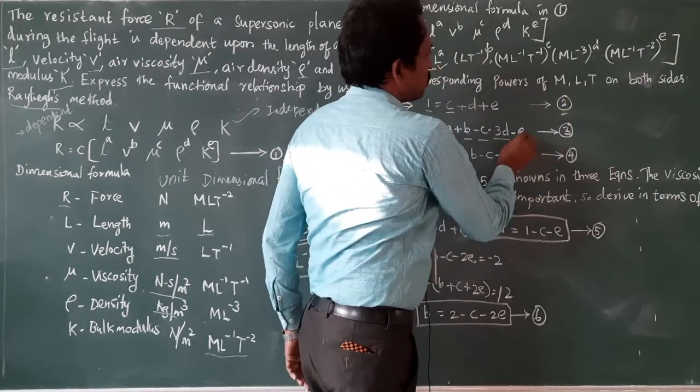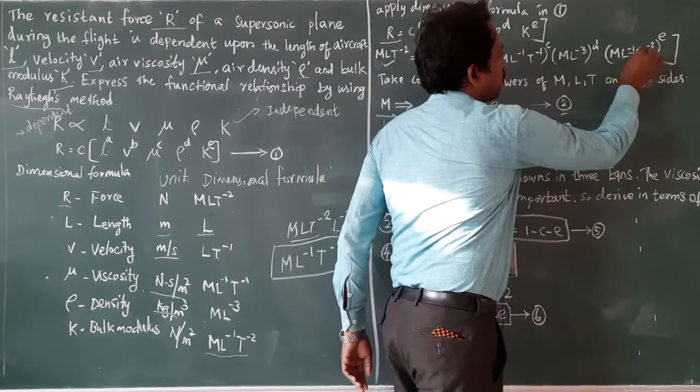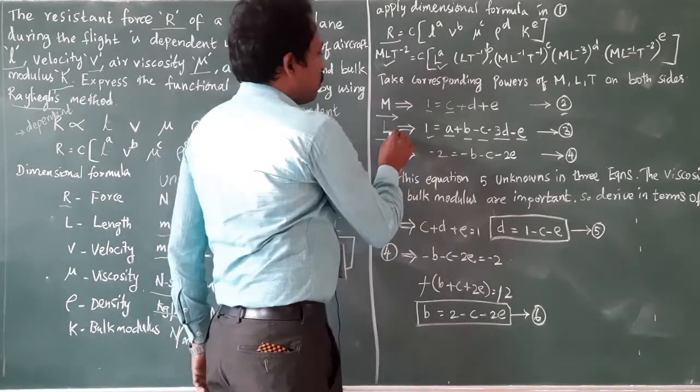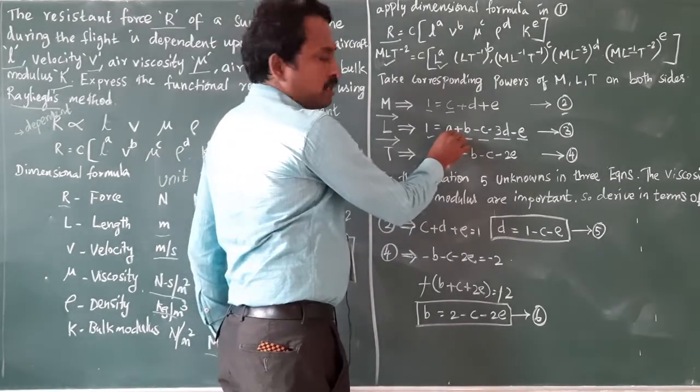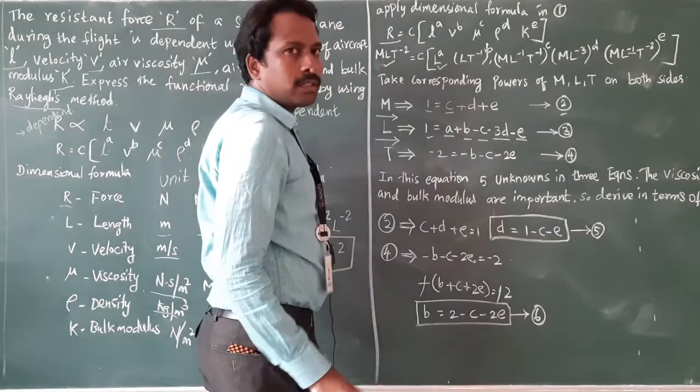Here L power is minus 1 whole to the power E, so minus E. So, the equation is 1 equal to A plus B minus C minus 3D minus E, which is equation number 3.